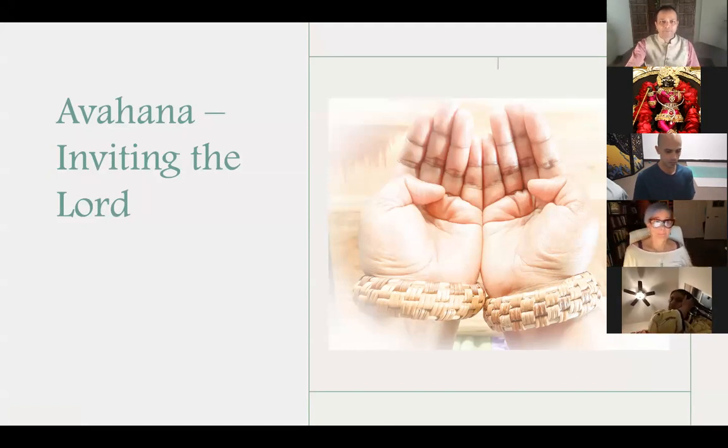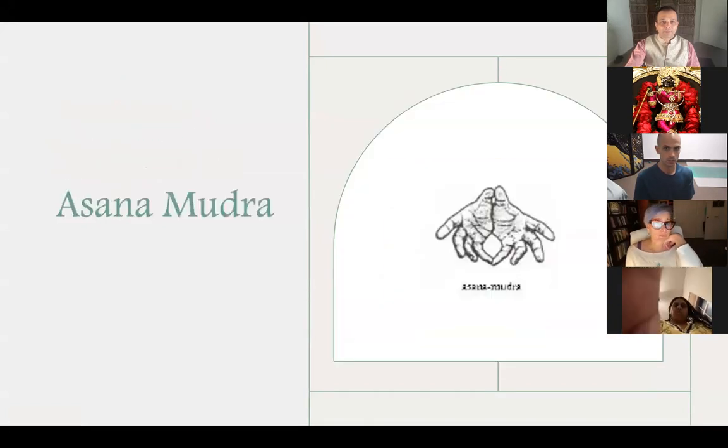For avahana. Now after this, asana mudra. So asana means you give a seat to the Lord. So you give a seat and you let the Lord sit down. So this is the asana mudra.